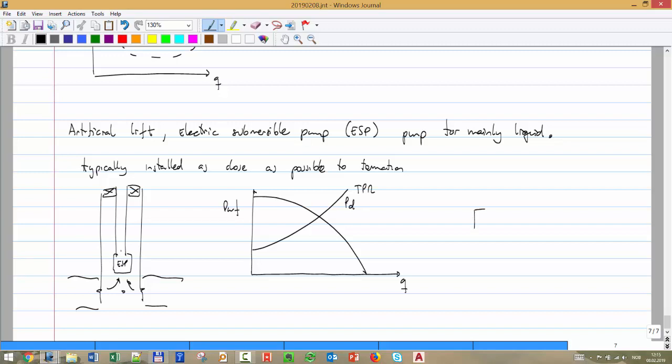On the pump we typically can define 2 points. One of them is the suction, and in our case the inlet to this pump is on the side. We are going to see now how it looks like, but the inlet is on the side and the discharge is inside of the tubing. So this is P discharge and this is P suction, which is very similar to PWF.